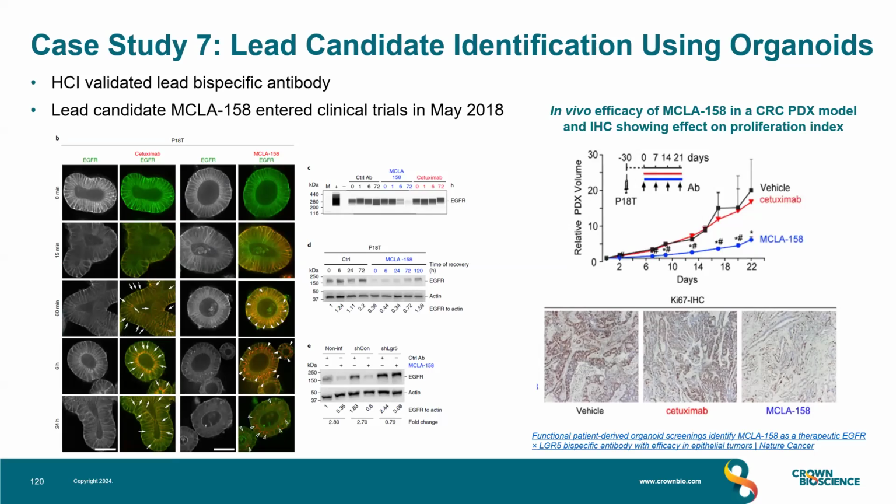So this led to the identification of a single agent targeting EGFR and LGR5 positive colorectal cancers with limited toxicity in the normal tissue. This was also further validated in in vivo efficacy studies, where the colorectal cancer PDX model and IHC proliferation index scores also demonstrated the significance of response in vivo.